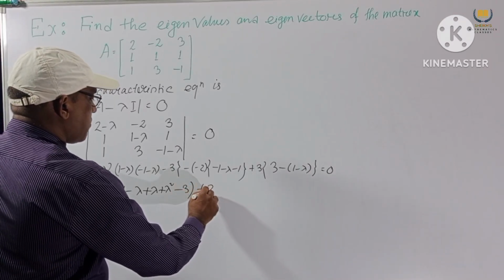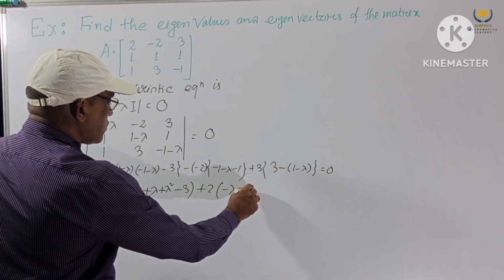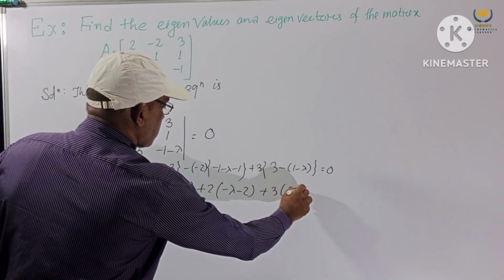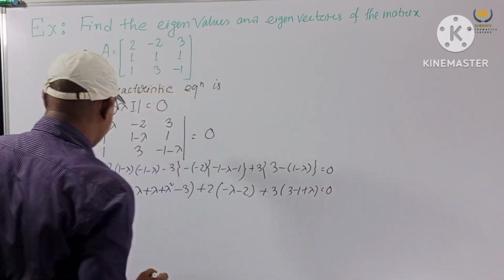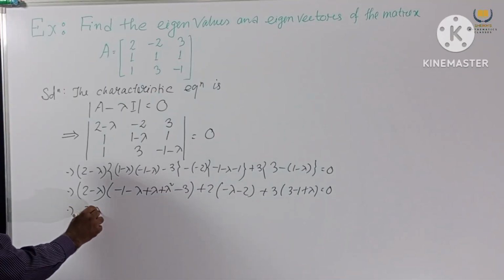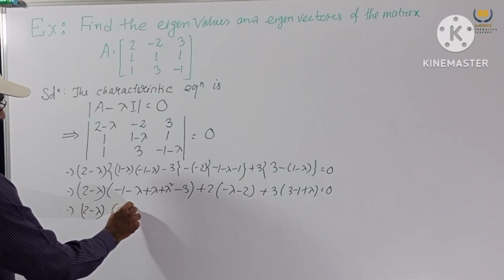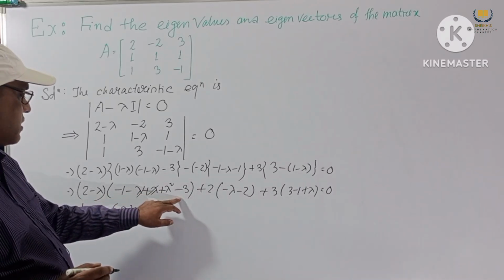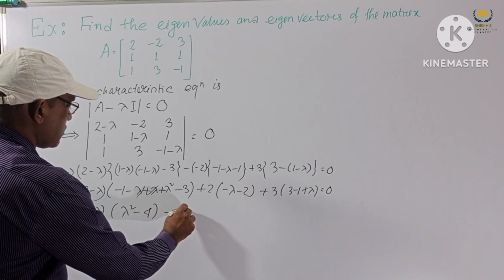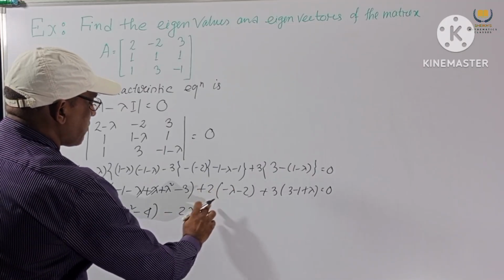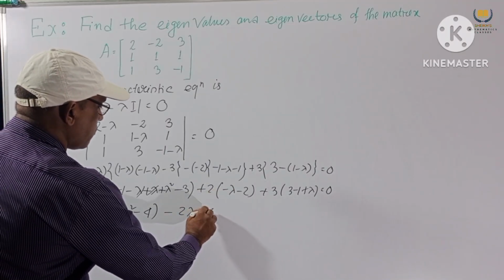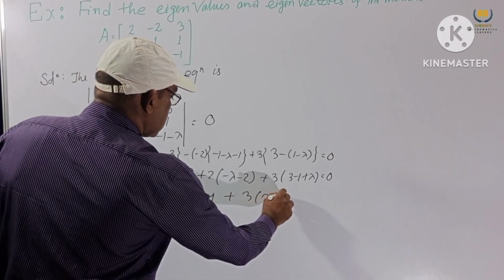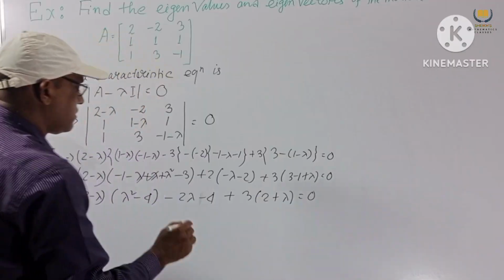We get this, plus 2 minus lambda, minus 2 times minus 1 minus 2, plus 3 times minus 1 plus lambda, equal to 0. So this is 2 minus lambda times lambda square minus 4, since lambda cancels and minus 1 minus 3 is minus 4, and this is minus 2 lambda and minus 4, and this is 3 into 2 plus lambda, equal to 0.